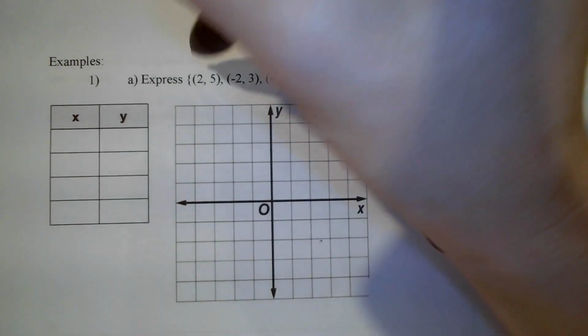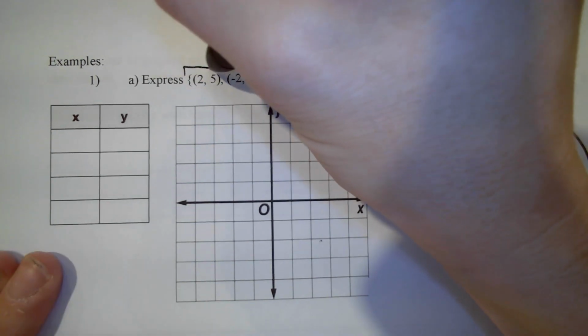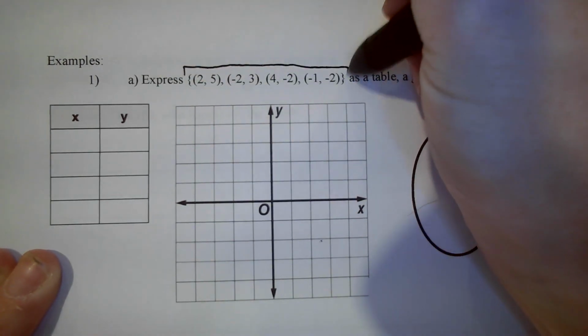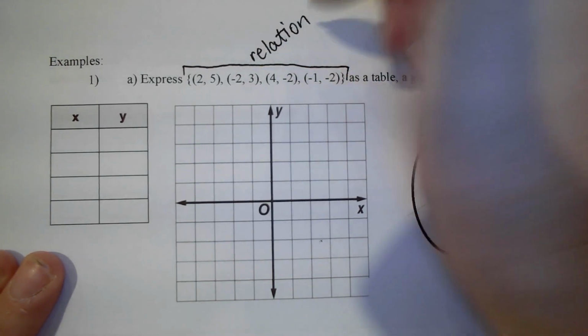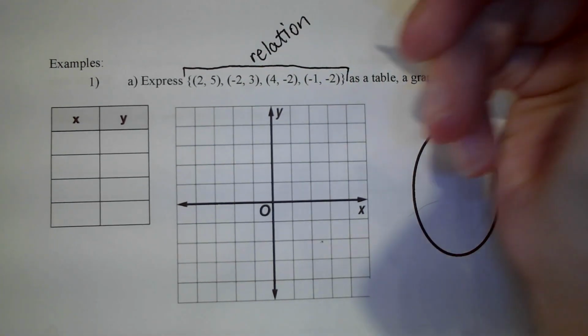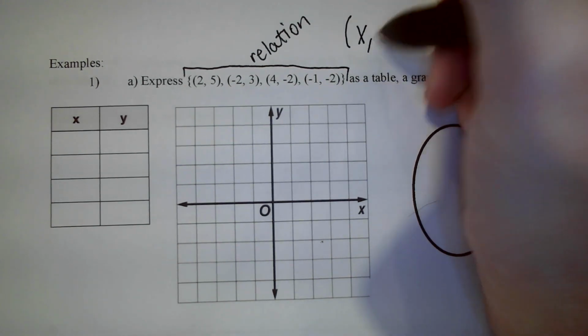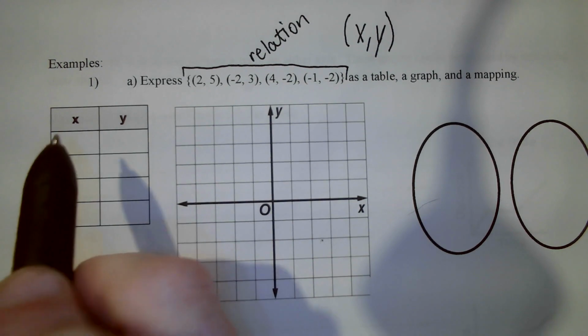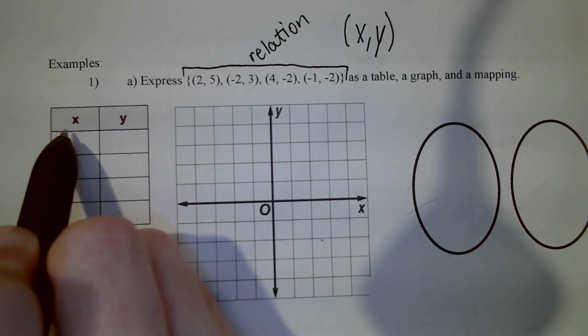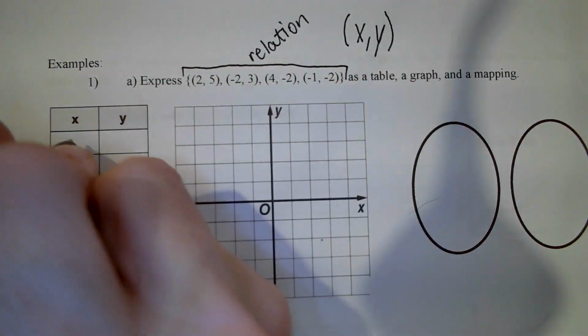Now, let's practice this with our relation that they've given us. Here's the relation. Notice how it is a set of points. And remember, those points are in the form x, y. So the first way to represent that is in a table. So we're going to take all of the x values. Those are the first numbers.